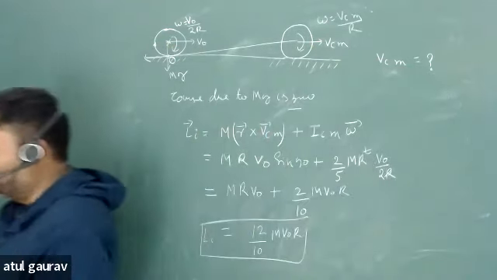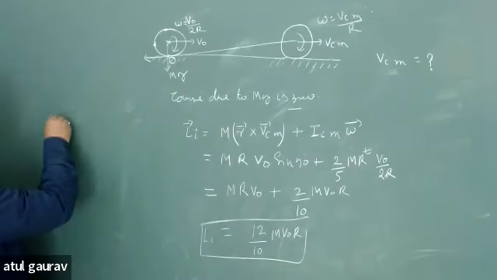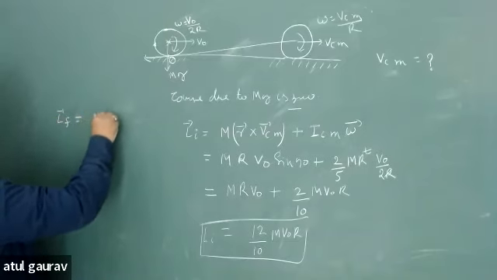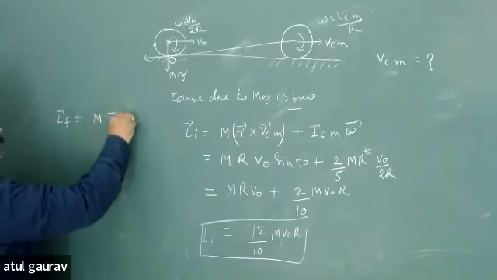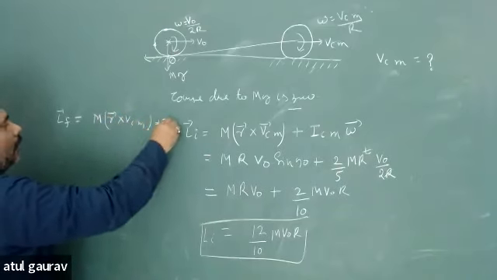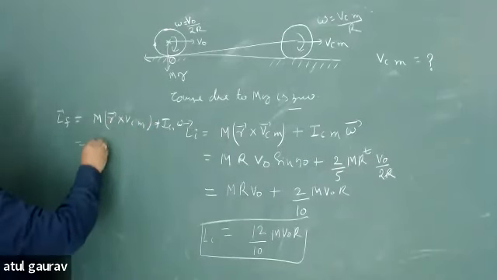Yes, please sir, respond. है ना? So let's try to go for LF. What will be this value? M R cross VCM plus ICM ओमेगा.